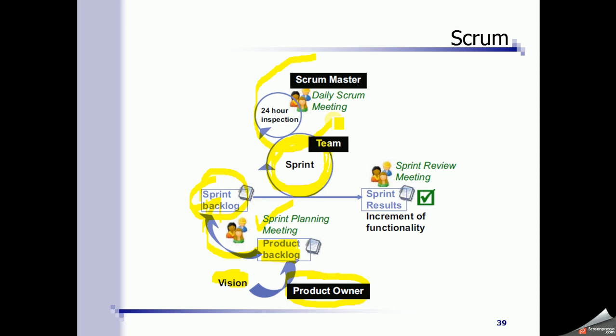We have a daily meeting between the Scrum Master and team, 24-hour inspection, and at the end of 2 weeks, the sprint result document is generated, which is the use cases that have been implemented in the current iteration, and we have a sprint review meeting between all the stakeholders. So this process will keep repeating. Now we'll start another sprint. We will keep repeating the sprints till all the products have been implemented from the product backlog to the sprint result, right?